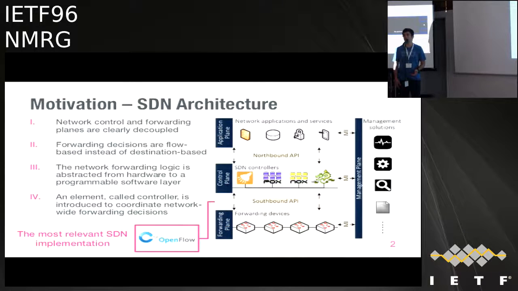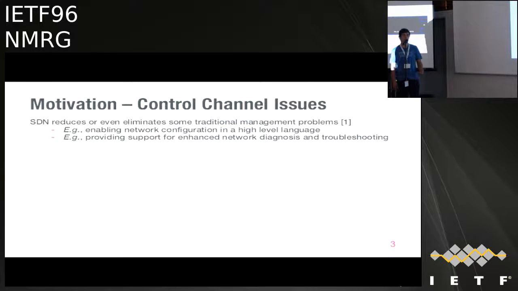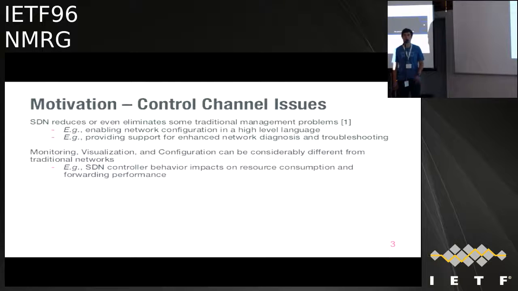Because of these principles and its flexible architecture, SDN reduces or even eliminates some traditional management problems, for example, enabling network configuration in a high-level language, and also providing support for enhanced network diagnosis and troubleshooting.